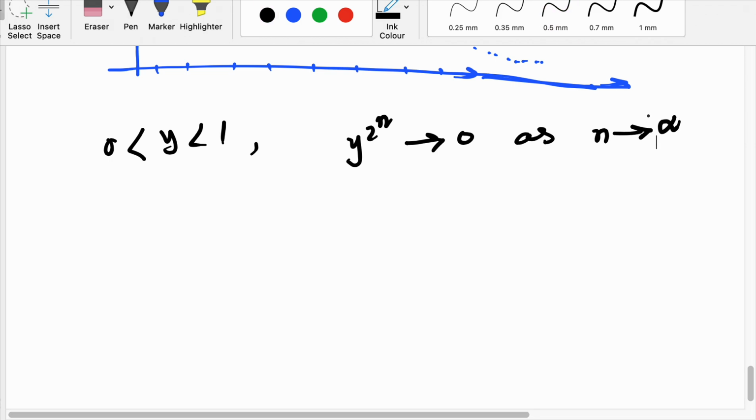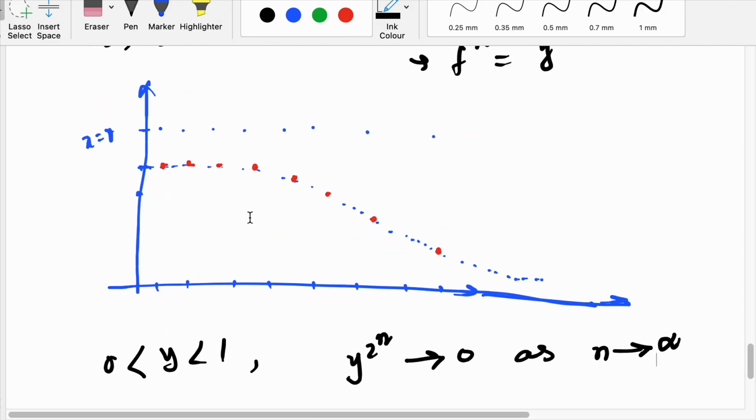Since this is a fractional number, as we increase n the power increases, and the number decreases and goes to 0. That's why I am showing that as n grows, the iterates of y come closer to this horizontal line.